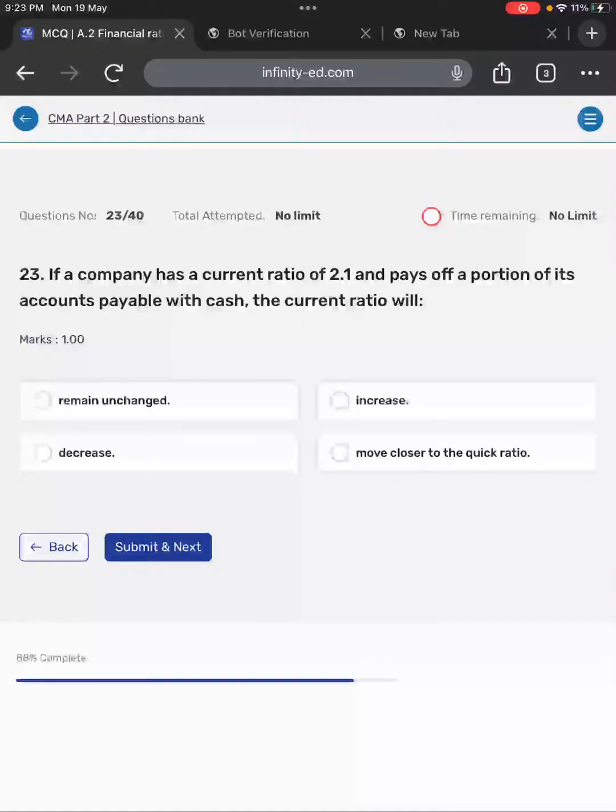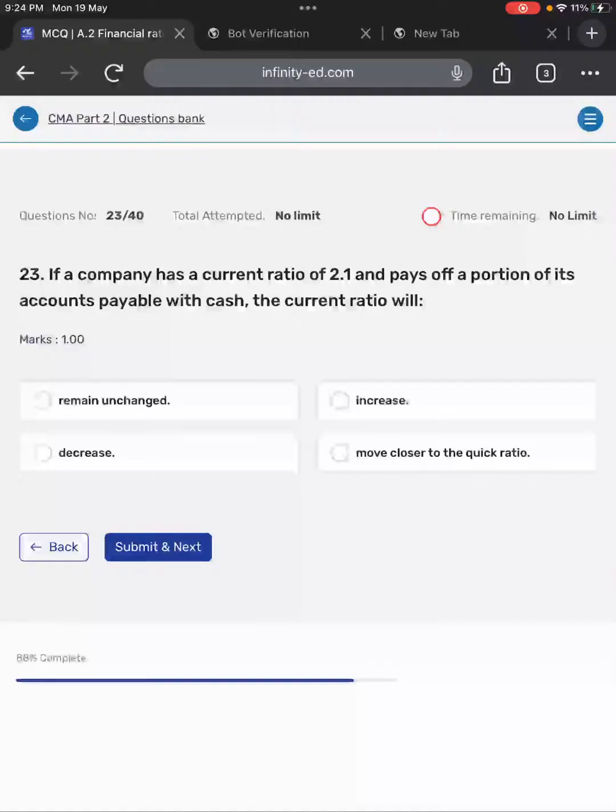Now question number 23. If a company has a current ratio of 2.1 and pays off a portion of its accounts payable with cash, what will be the change in the current ratio? Simple, there is a trick.